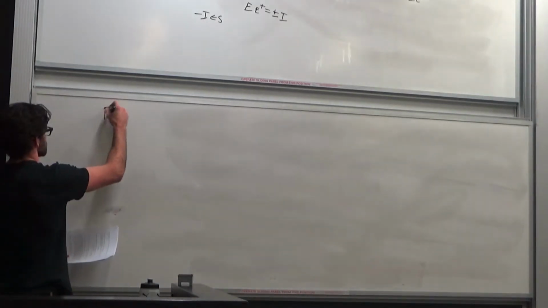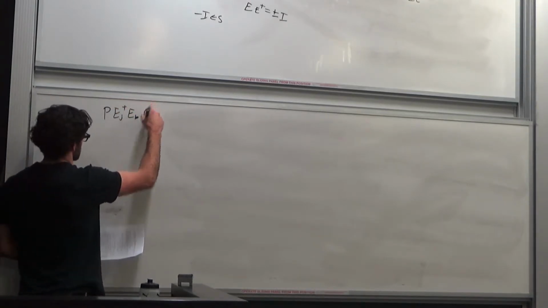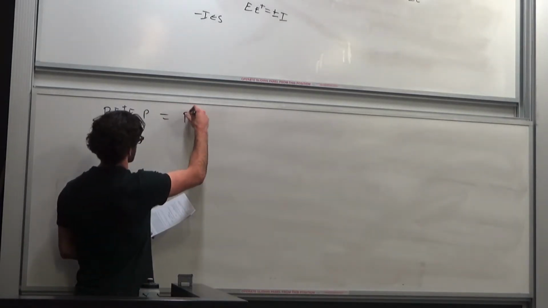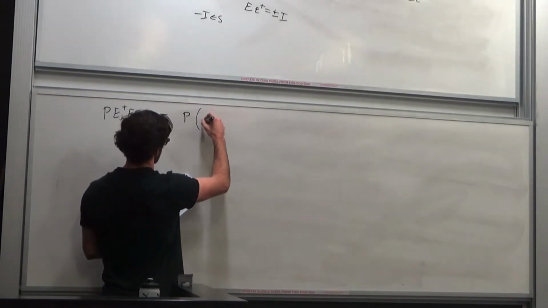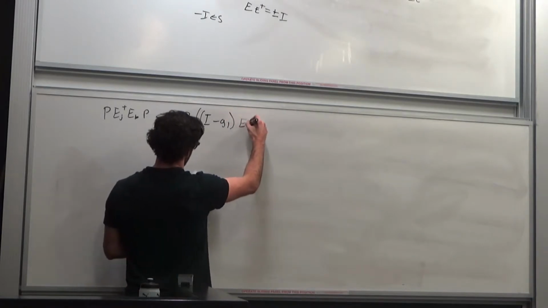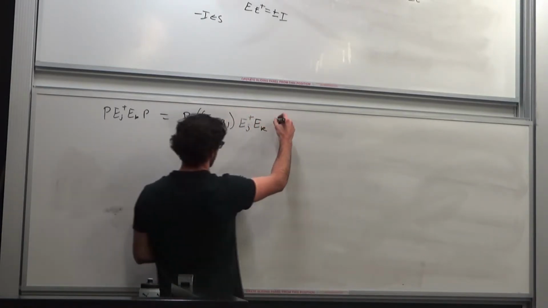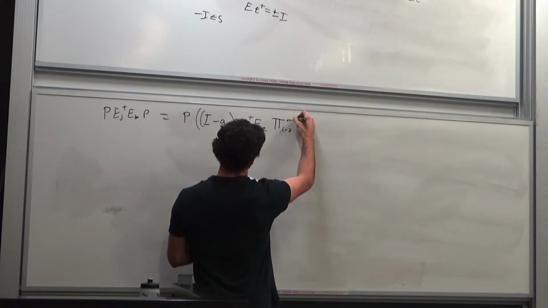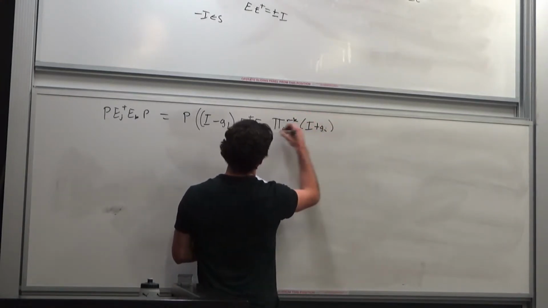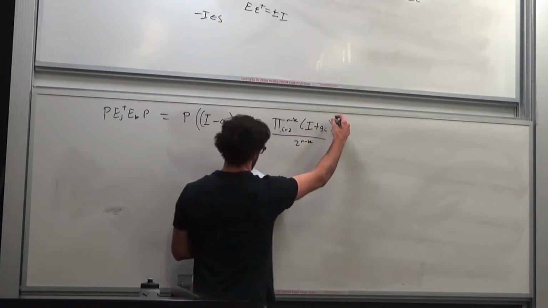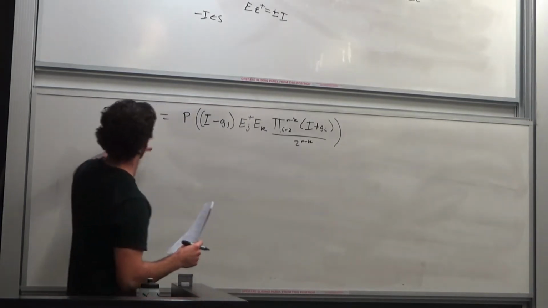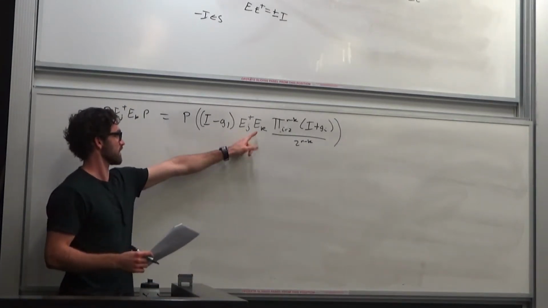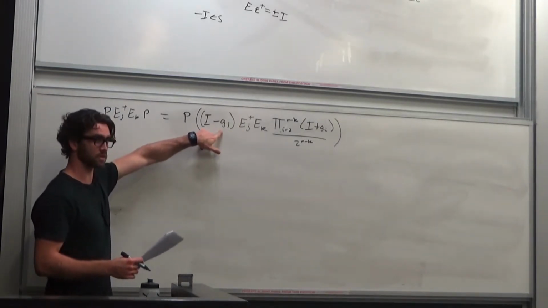All right, so what we're trying to show is that this condition is satisfied, or this is equal to alpha times P. So in this case, we have this. I've written the projector out in the product form, like over there, and then I've pulled the I plus G1 term past this, and we know that it anti-commutes, so it comes out as I minus G1.